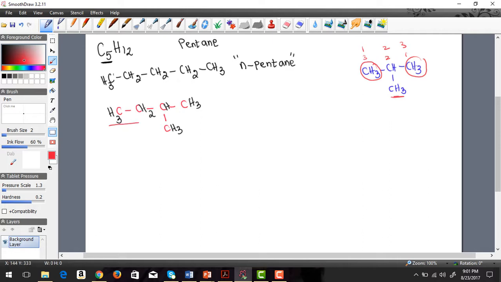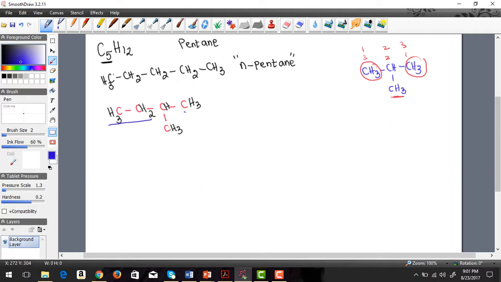On this side, you have a group which is an ethyl.